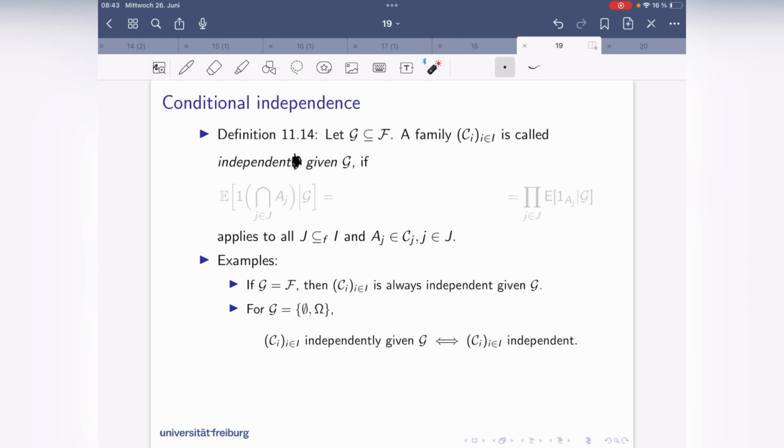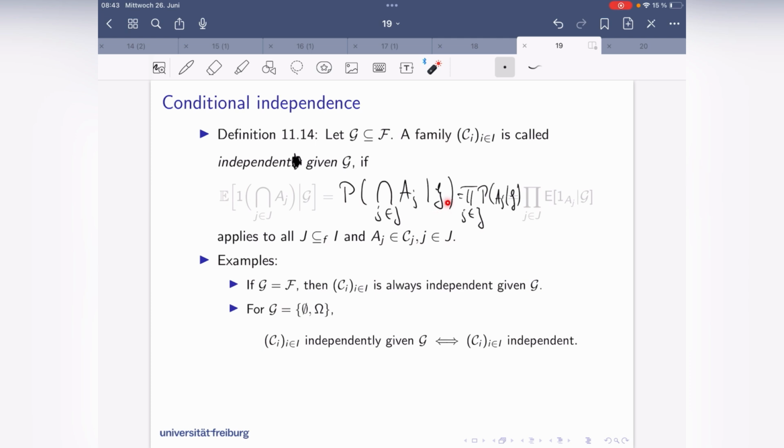I mean, what's independence? There's a product rule, so to speak. On the left-hand side, I will call this the probability of the intersection of A_j, j in J, given G. And this should be the same as the product of the probabilities of A_j given G, j in J. So I have the same product formula as for usual independence.